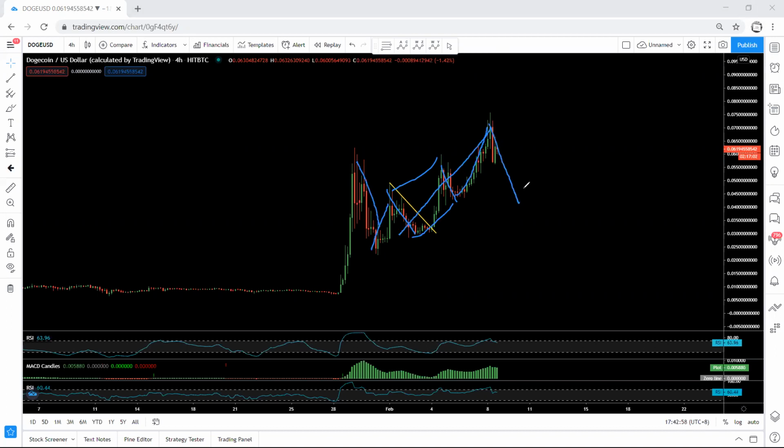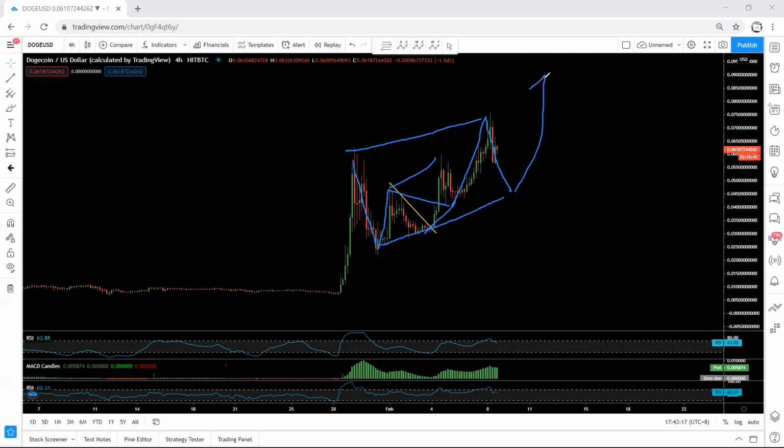We can expect one move down, similar to what we have here. We will get the bigger running flat. That means we have one internal correction here, in relation to 1, 2, 3, and we will have one more correction here, similar to what we have here, before continuation.